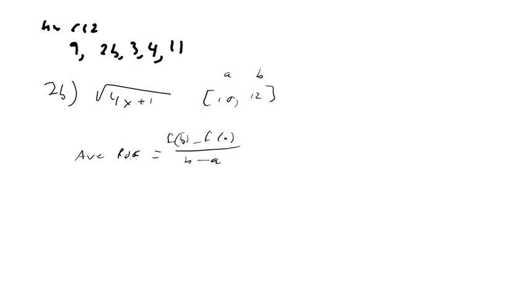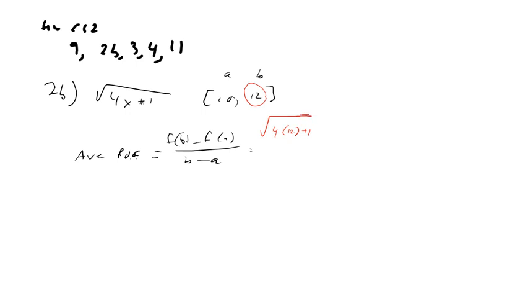F means plug in the b, plug in the a, right? So I just plug in the 12 to the equation here. So square root of 4 times 12 plus 1.